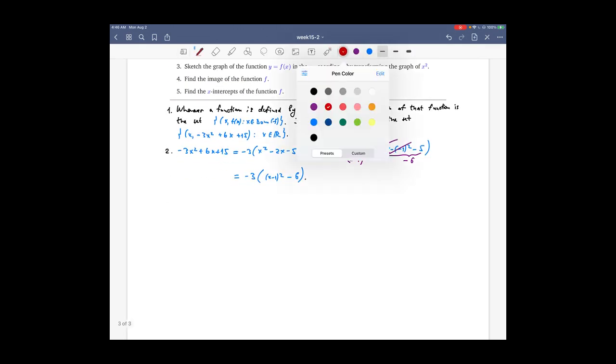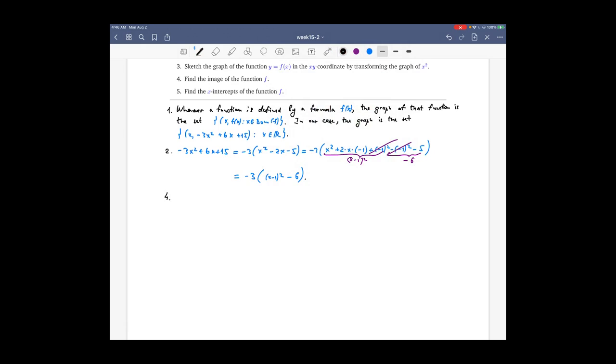Finding the image is easy because we know, of course, this is a parabola. And from this part, we can easily find where the vertex of the parabola will be.